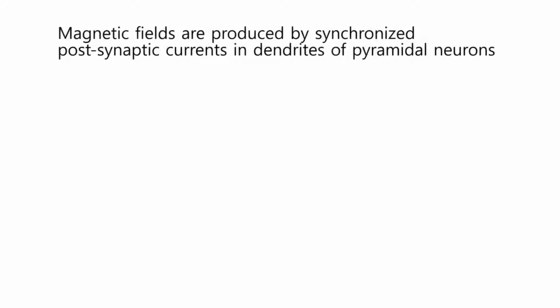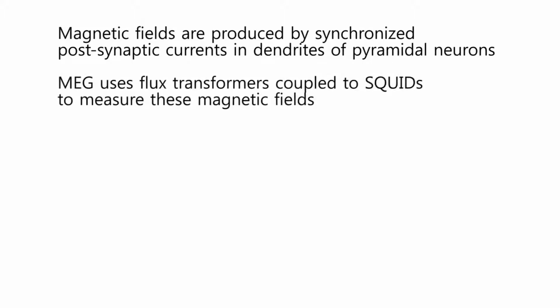This concludes our presentation of the basic principles of MEG recording. To summarize, with MEG we record magnetic fields that are produced by synchronized postsynaptic currents in the dendrites of pyramidal neurons. Magnetic fields are measured using flux transformers coupled to SQUIDs, both of which have to be at superconducting temperatures. This is achieved by using a dewar filled with liquid helium.